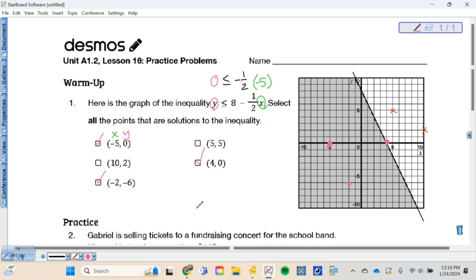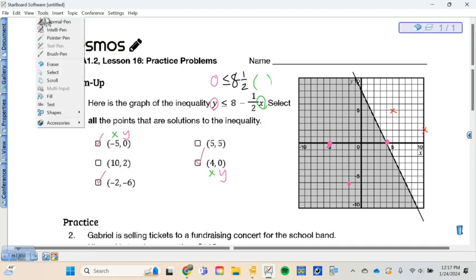If I plug in 4 for x and 0 for y, I'm going to end up with 0 is less than or equal to, and I forgot my 8 in here, 8 minus 1/2 times 4.